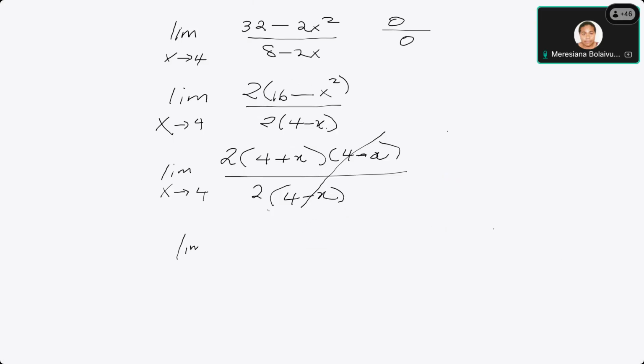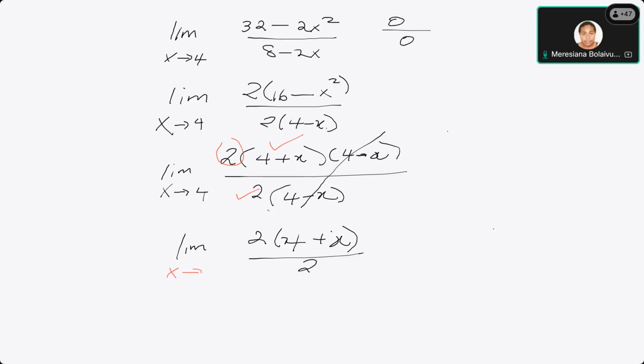So now you're just computing the limit of 2 into 4 plus x over 2. These are the only terms that are left after you factorize. That's this one here, and in the denominator you have 2. So hence why we have 2 into 4 plus x.